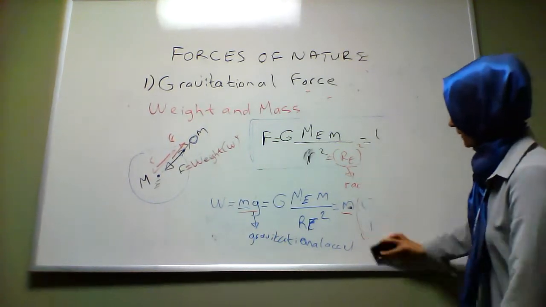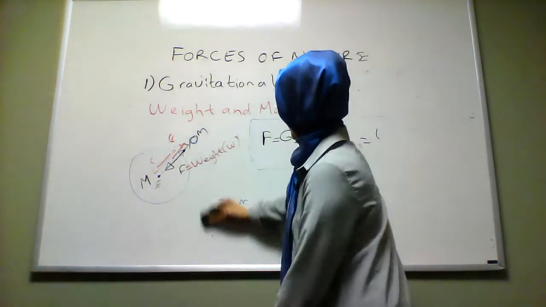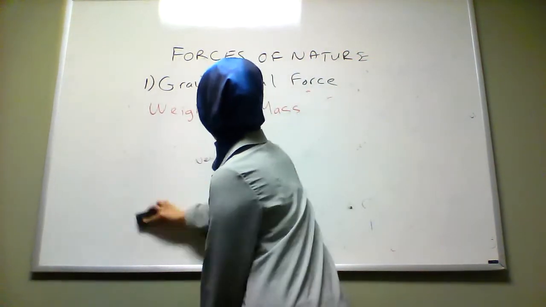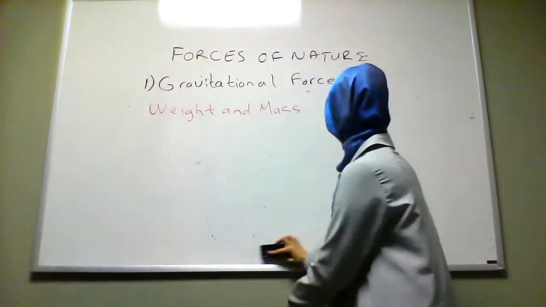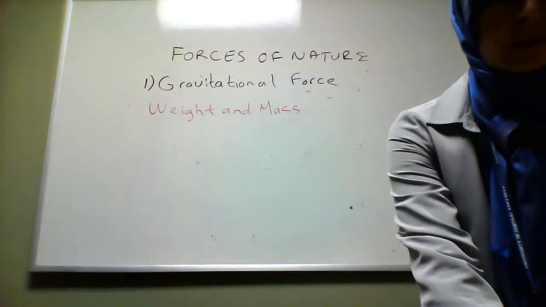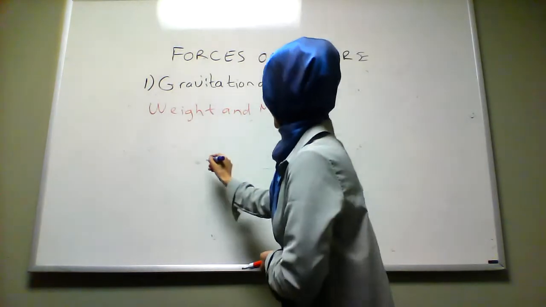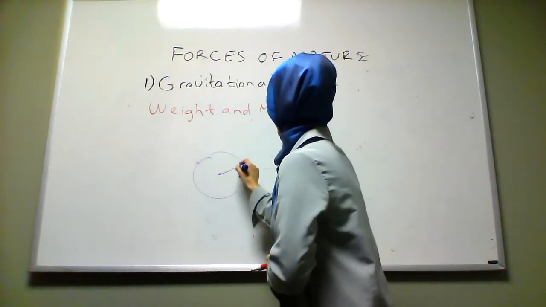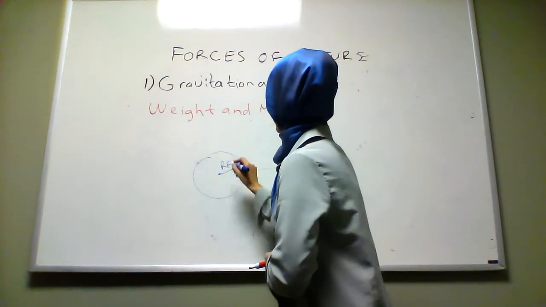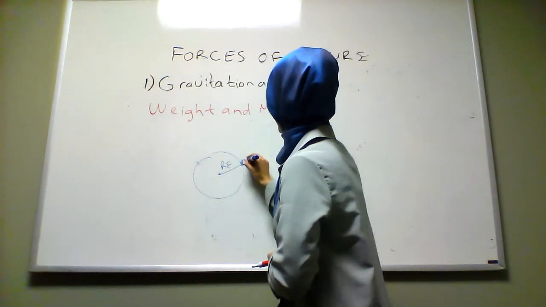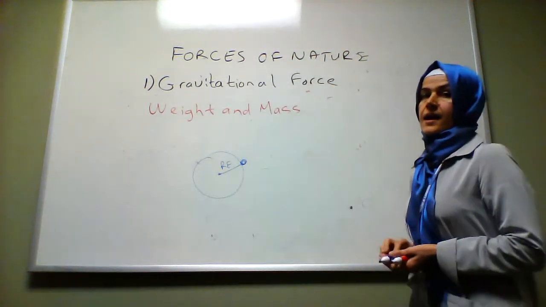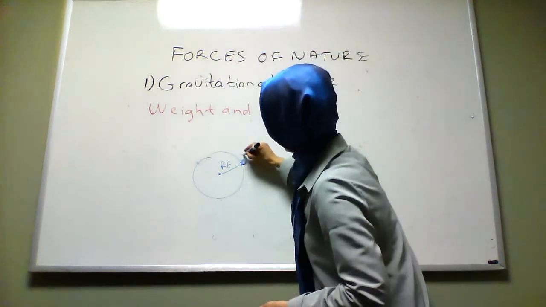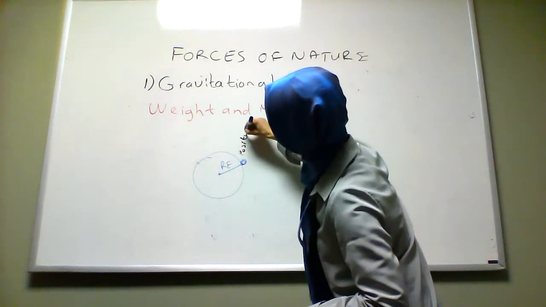I'm going to delete this now. I have to. And I'm going to talk about one more thing. If we have a mass on Earth, let's say the object is in here, and if we take it and move it very far away, we call this position 1.